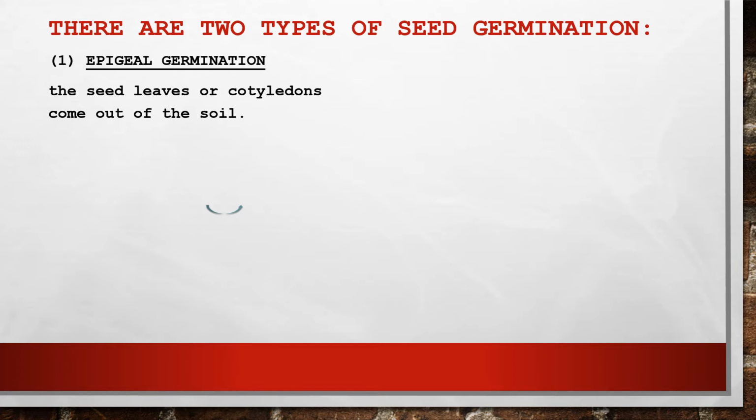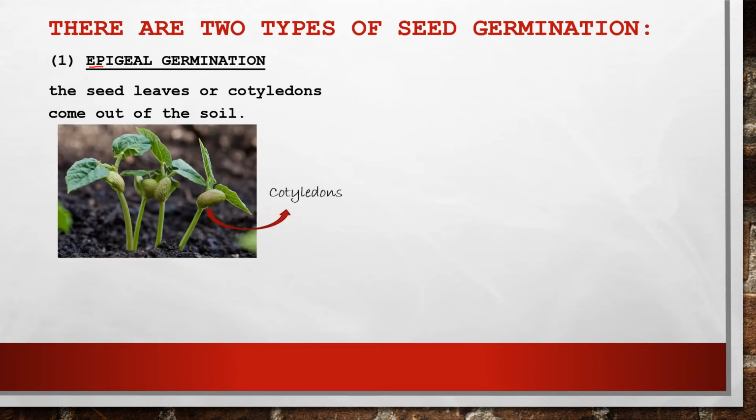This word epi means out, outside of something or on something. That is why here we say the seed leaves or cotyledons come out of the soil. You see here that the cotyledons have come out of the soil. It is epigeal germination.